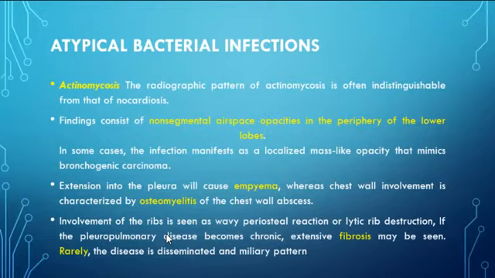Extension into the pleura will cause empyema. Extension into the ribs and chest wall will cause osteomyelitis of the chest wall and abscess formation. Involvement of the ribs is seen as wavy periosteal reaction or lytic rib destruction. If it becomes chronic, extensive fibrosis may be seen, and rarely the disease is disseminated with a miliary pattern.